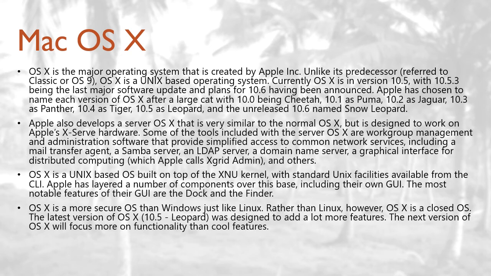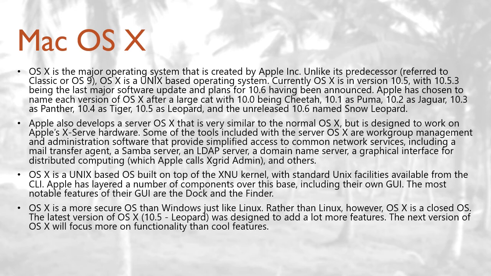OS X is a Unix-based OS built on top of the XNU kernel with standard facilities available from the CLI. Apple has layered a number of components over the userspace, including their own GUI. The most notable features of their GUI are the Dock and the Finder.